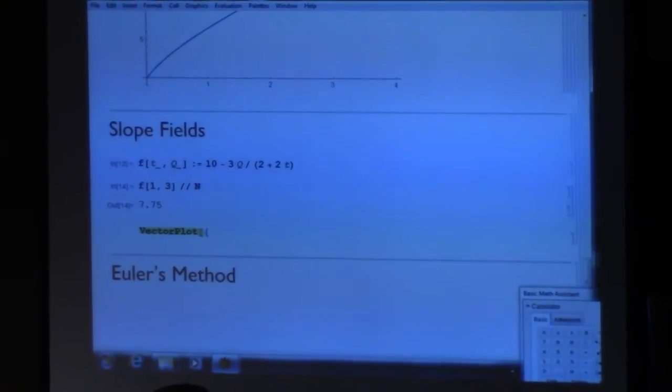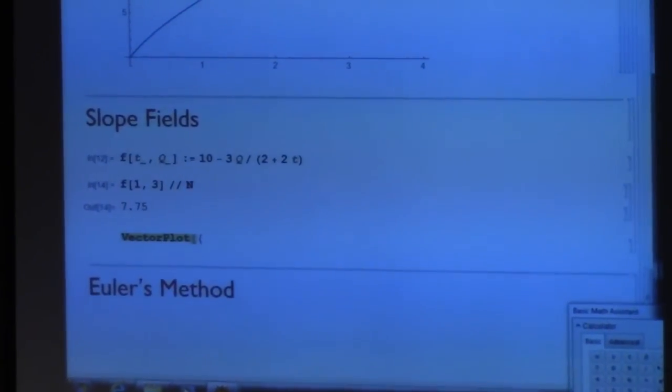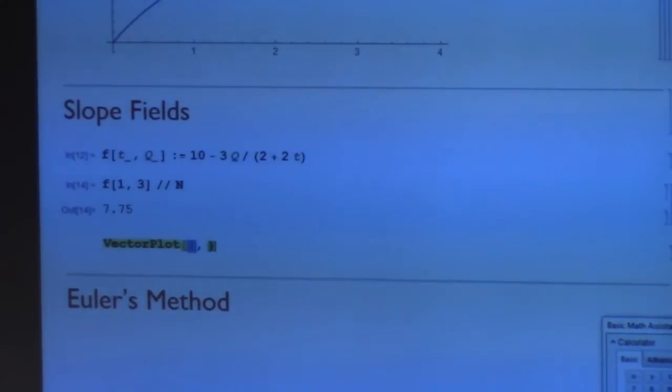Again, how do you do it for slope fields? Use curly braces here. And for slope fields, the first input is always 1. In chapter 2, we'll talk about vector fields. And for vector fields, you use VectorPlot, and the first input is not always 1.